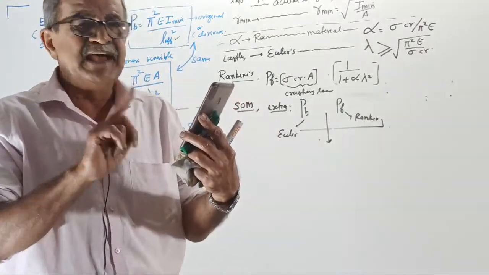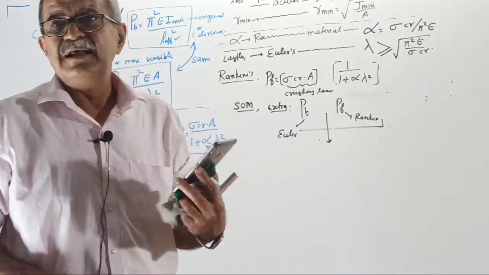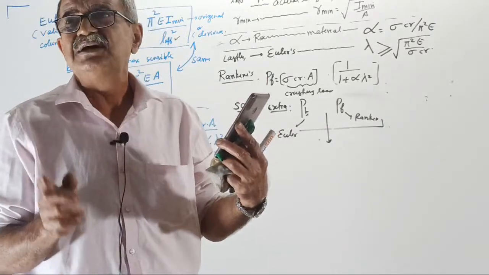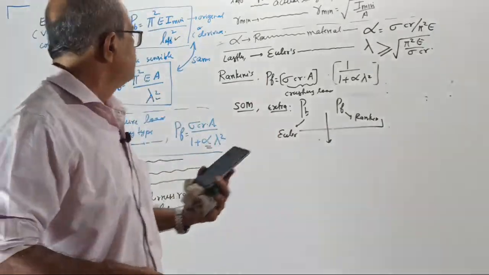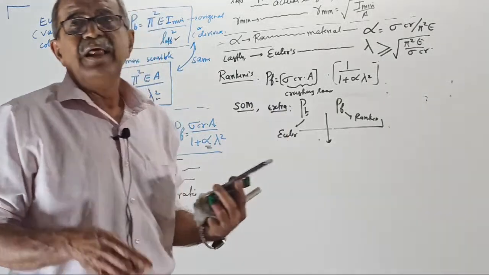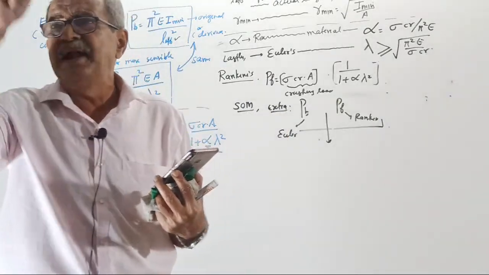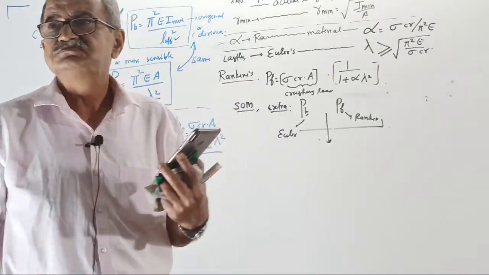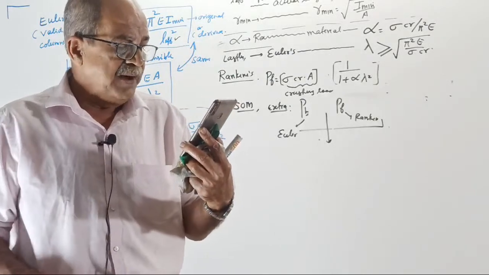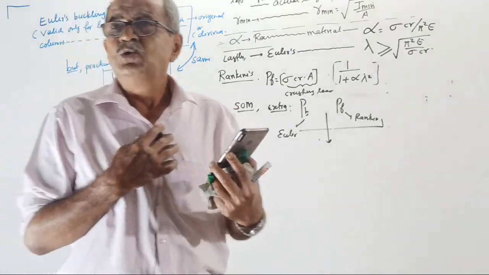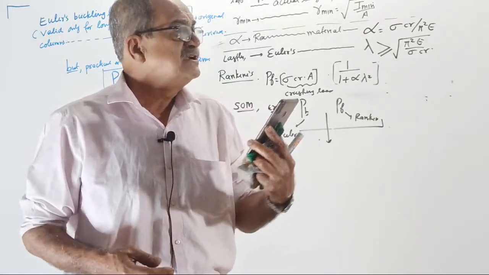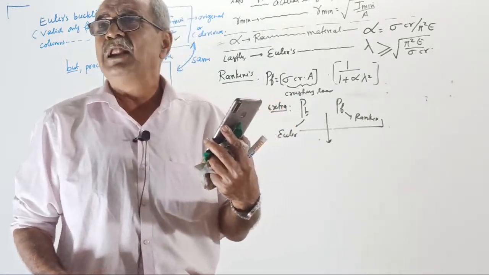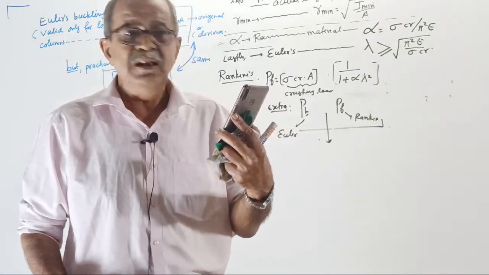I will not tell once again. They are by respective approaches. If you call Euler's formula PB, they are actual permitted load or failure load. What? Permissible. You construct a column where you apply a load at which the column will buckle.